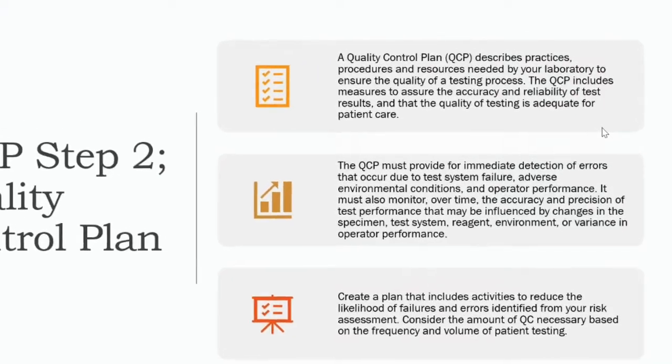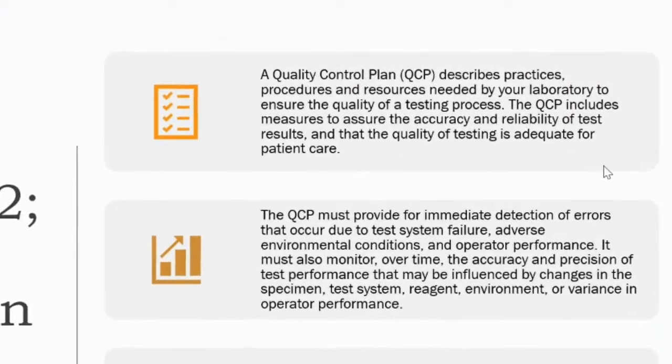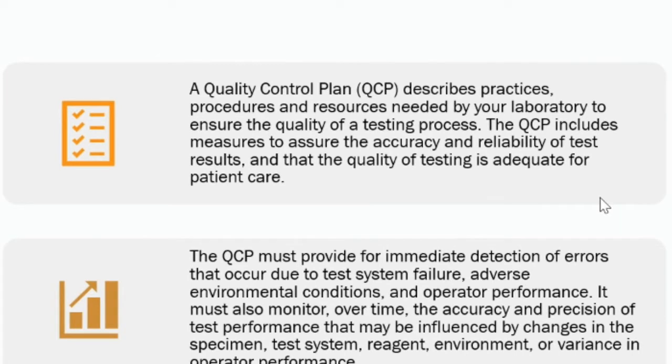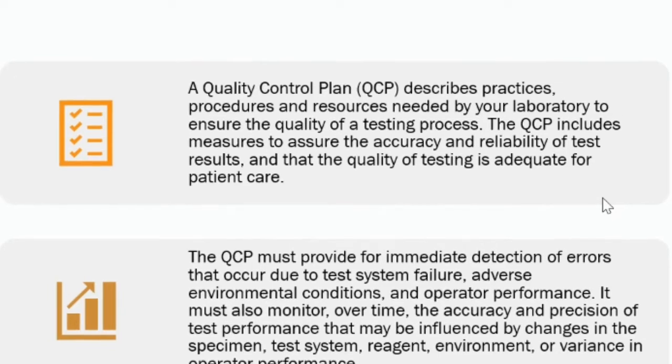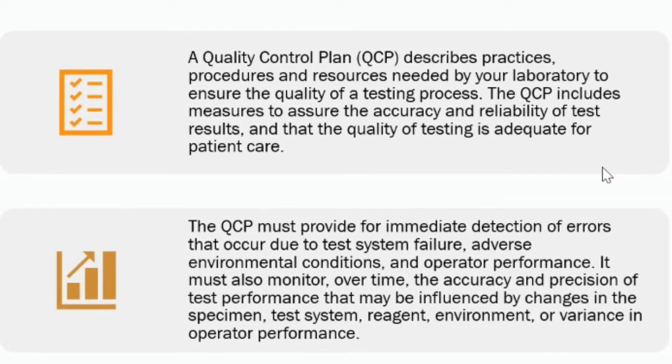A quality control plan describes practices, procedures and resources needed by your laboratory to ensure the quality of a testing process. The QC plan includes measures to assure the accuracy and reliability of test results, and that the quality of testing is adequate for patient care.